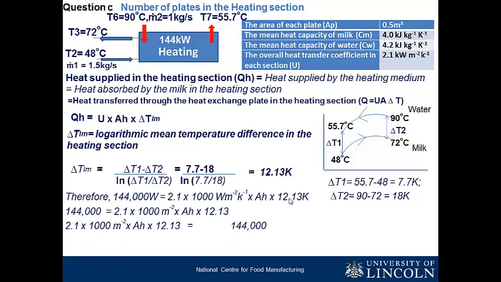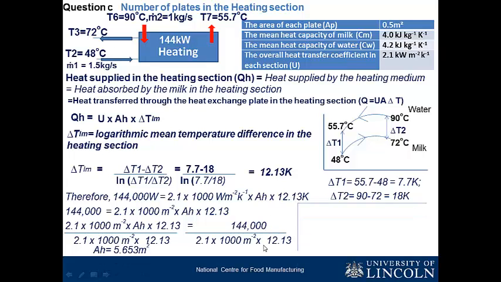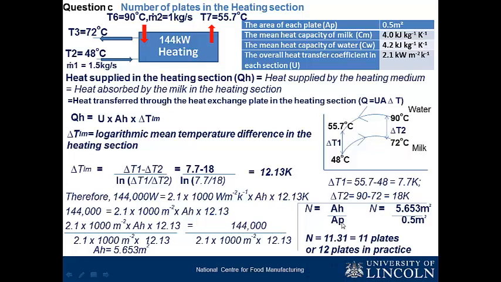By the time you divide through both sides by 12.13 and 2.1 times 1000, your AH will be standing alone. This gives AH equals 5.653 meters squared. But you need to find the number of plates. The number of plates will be AH divided by the area of each plate, which gives 11.31, which is 11 plates in theory, but in practice it's going to be 12 plates.